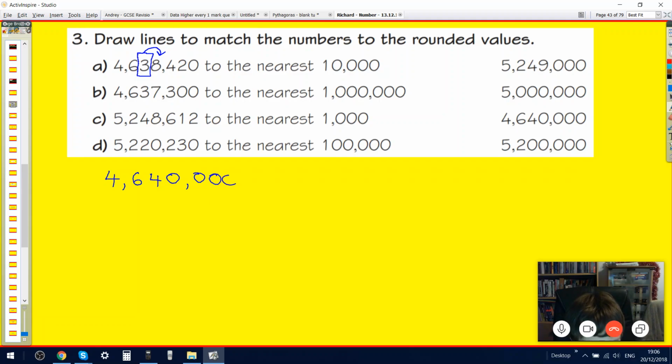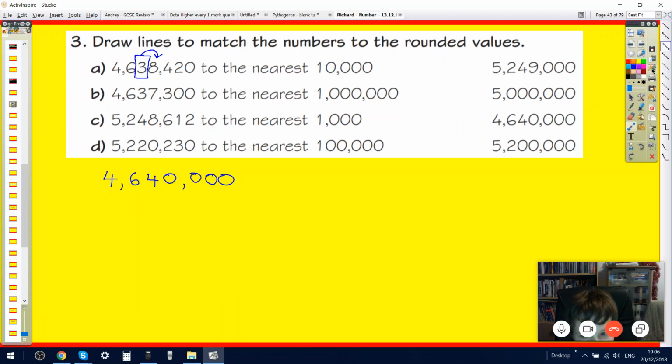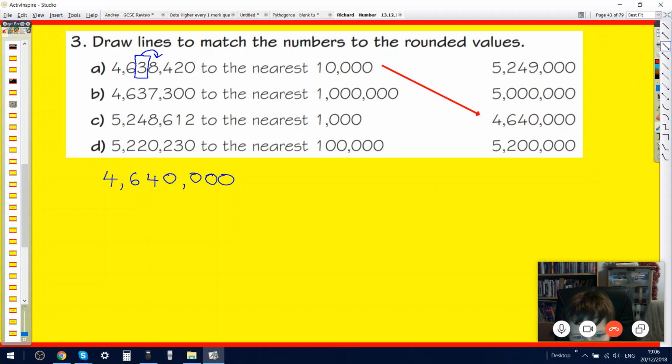Yes. Because it rounded up, you add 1 to the number in the box. Everything to the right becomes a 0. Everything to the left stays the same. And is that answer one of our possible answers? Yes. So that one would match there. I think you're okay for that.